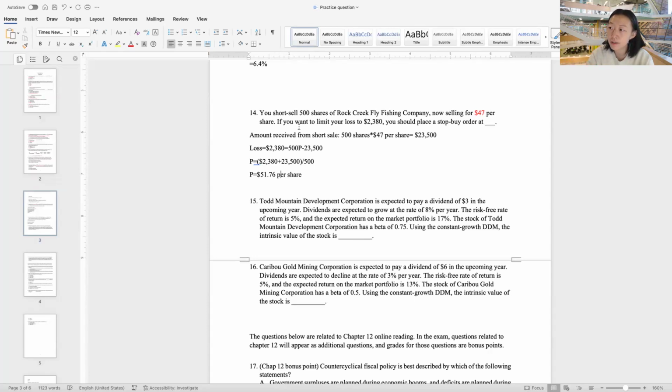They don't need to return the broker money. They just need to return the number of shares that they sold. So therefore, they want to buy at a lower price so that when they return the shares, the cost is lower than the proceeds they received from the broker. In that way, this transaction makes sense for the short seller.